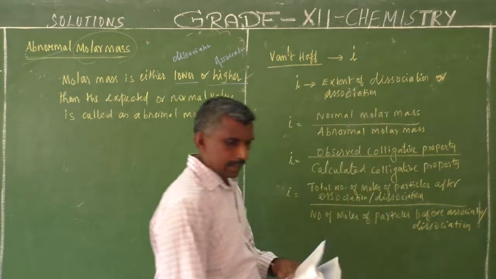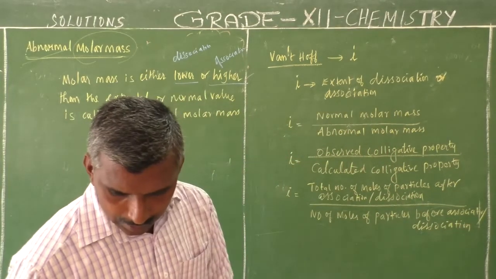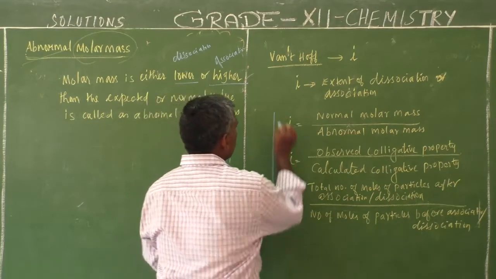This is the van't Hoff factor. These are the three formulas. You note them down.